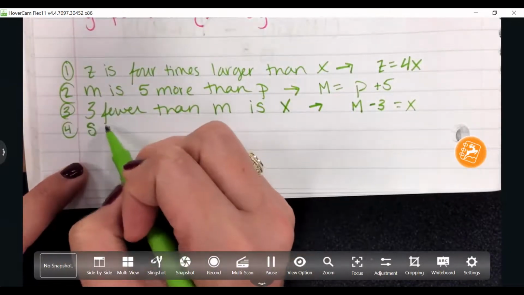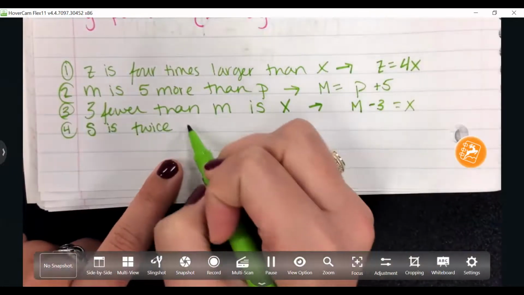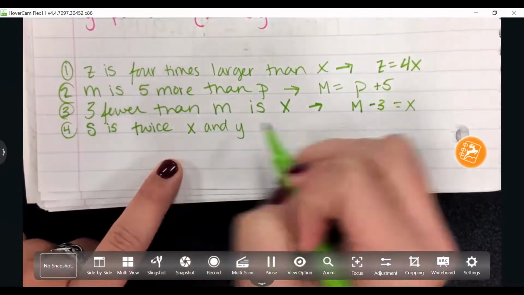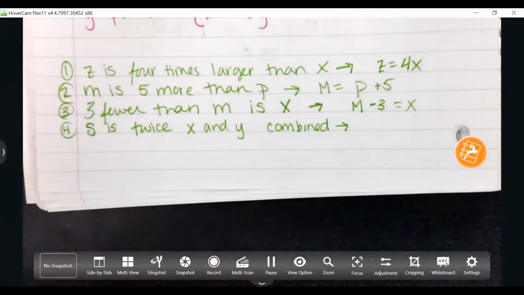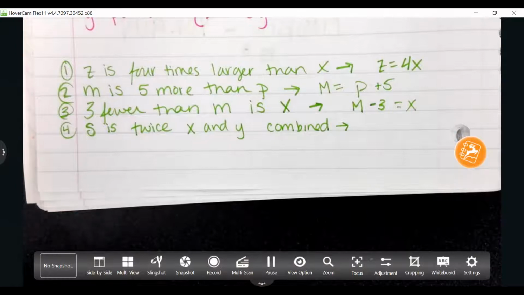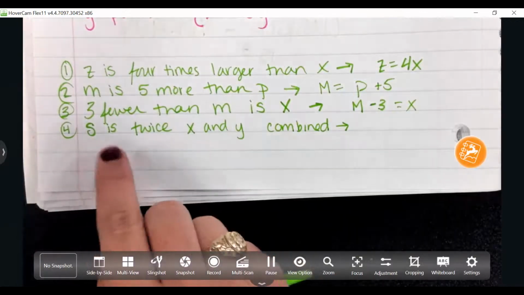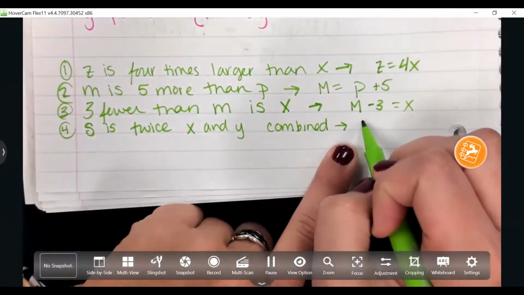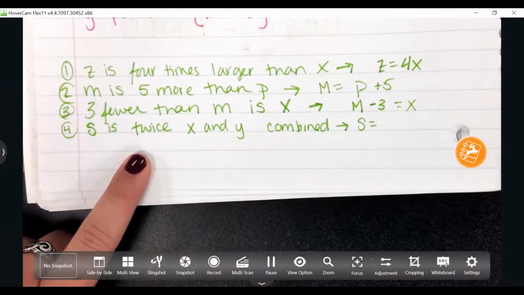S is twice X and Y combined. So let's start with the easy part. How do I write S is? S equals twice. What does twice mean?